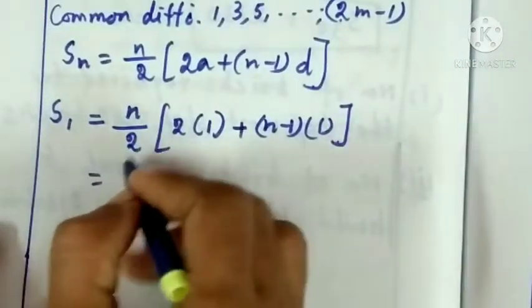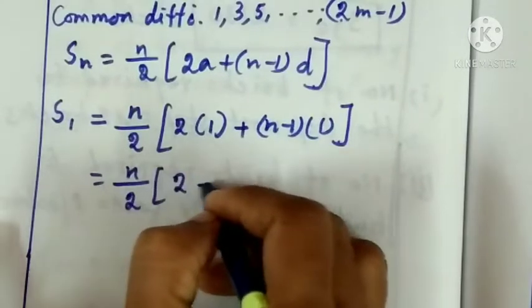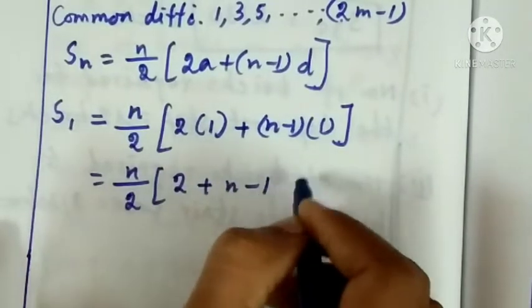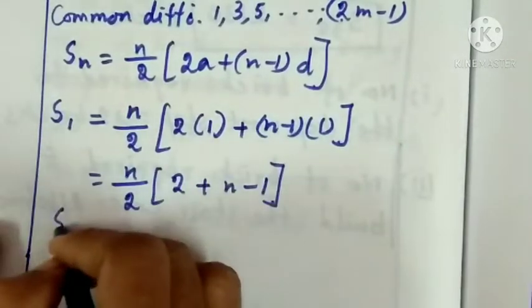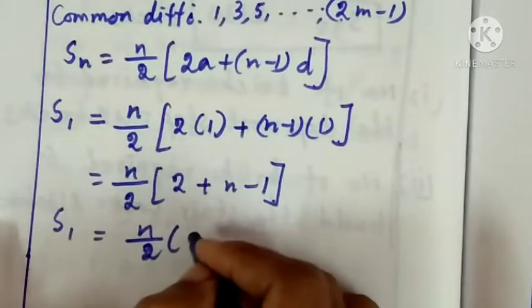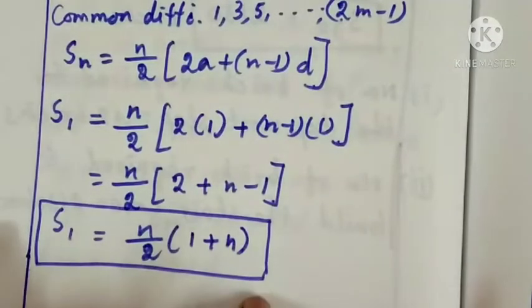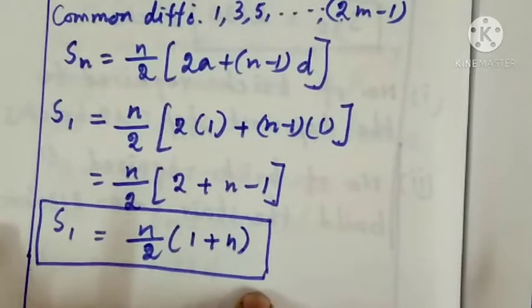Now you have to simplify: n by 2 into 2 plus n minus 1. That is, S1 is equal to n by 2 into 1 plus n. This is the term of S1.